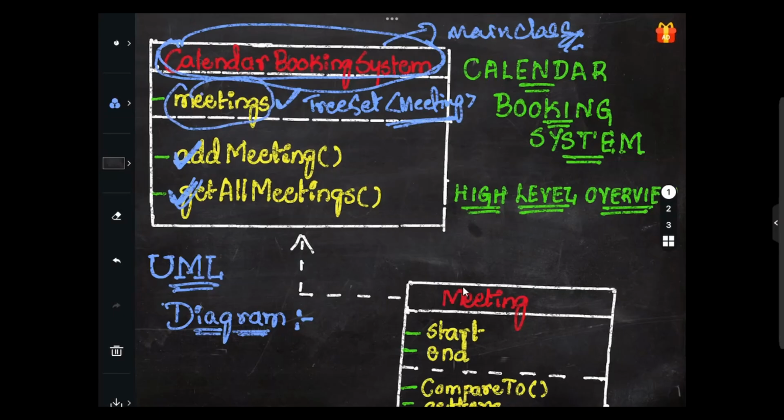Next, we will go with the meeting class. This is the main class, and the second class here is meeting. Within the meeting class we have two attributes to consider: start and end. Both start and end are of the type integer, int.